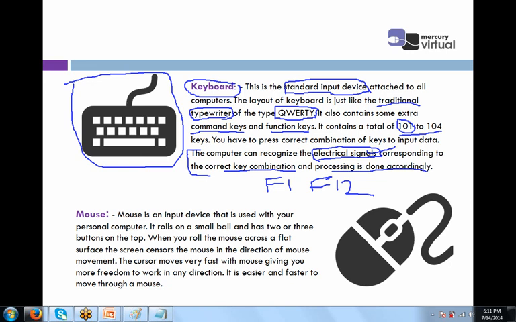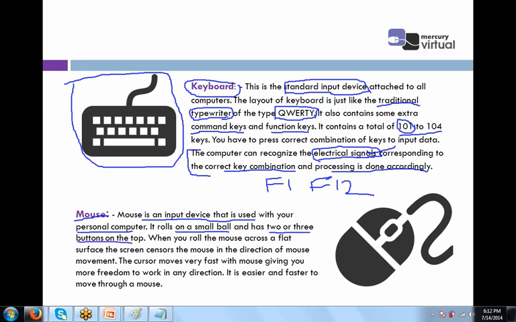Now let's see another one. Another input device is your mouse. The mouse is also an input device, used with your personal computer. It rolls on a small ball, meaning there is a ball inside the mouse that rotates, so we can move the mouse left, right, in any direction, and it has 2 or 3 buttons on the top.